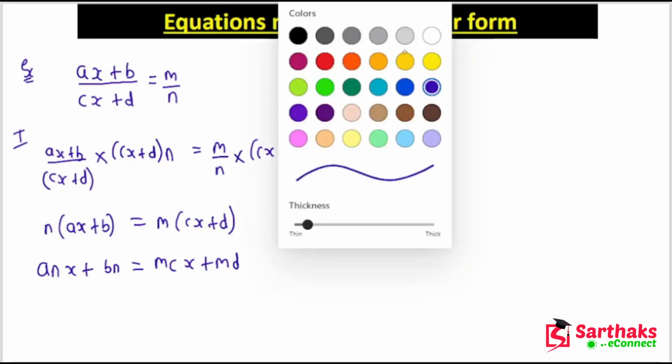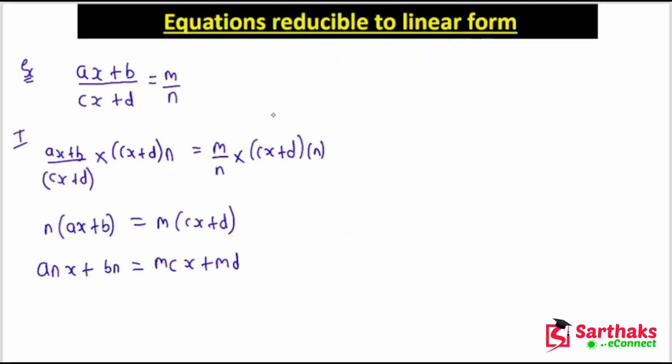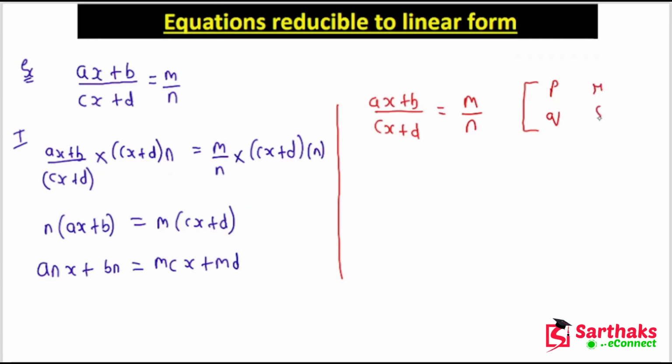Now what is the second method? What you could have done is you could have cross multiplied it. So what do we mean by cross multiplication? We had this equation (ax plus b) whole upon (cx plus d) is equal to m upon n. Whenever you have these kinds of situations, you can just cross multiply them. Cross multiply simply means we know that if there are two fractions, p upon q equal to r upon s, then you can just cross multiply like this.